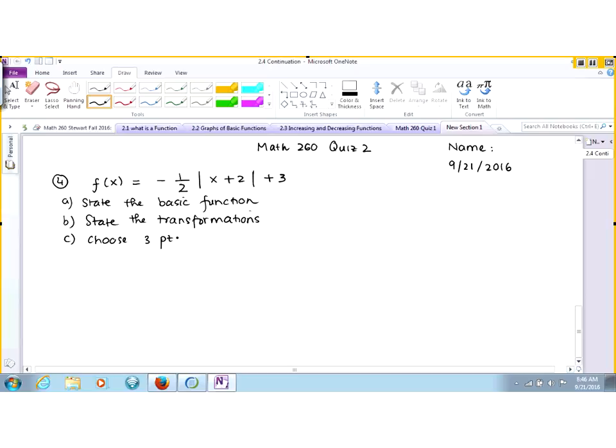C, choose 3 points from the basic graph or the basic function. Show each step. And then we graph the transformed function.